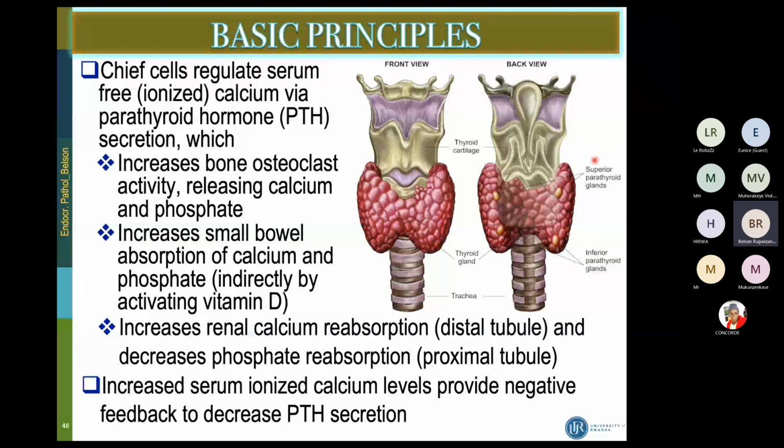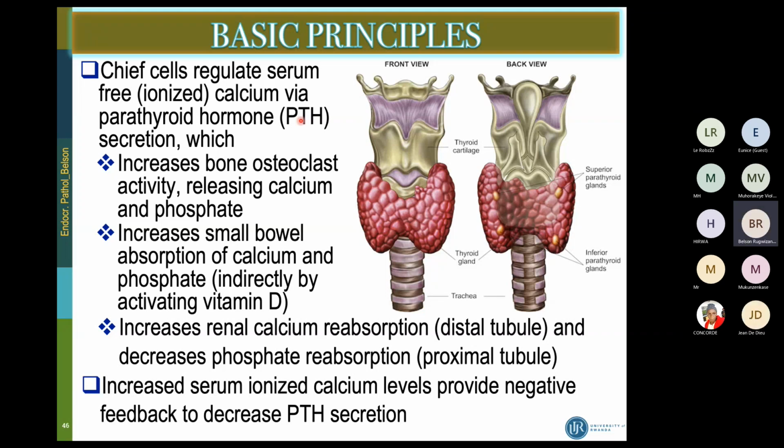Historically, they have chief cells which regulate serum calcium via parathyroid hormone, PTH, which I mentioned this morning. The function of this hormone is the opposite to that of calcitonin, which is produced by parafollicular cells within the thyroid gland.